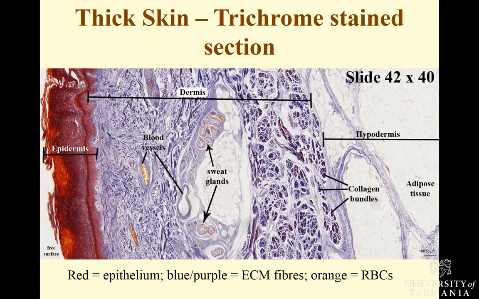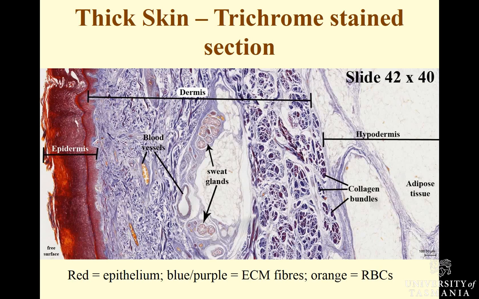And of course, because there's so much connective tissue, the best way to visualize connective tissue is to use a trichrome stain. So a trichrome stain uses 3 different colors to highlight different components and really help identify those building block tissues in a section. So in this section of thick skin, so it's a section taken from either the hand or the foot, the bottom of the foot, we can see that the red has stained epithelium.